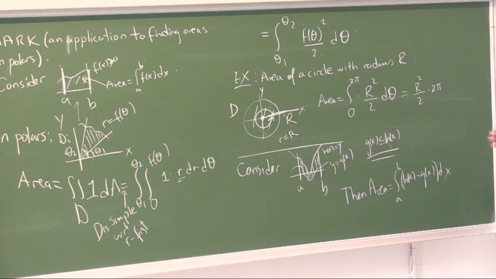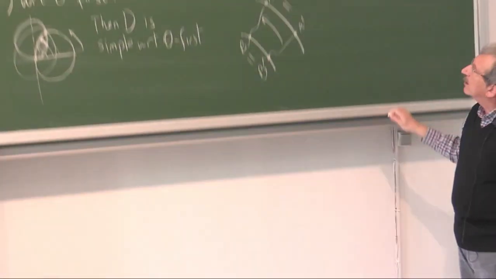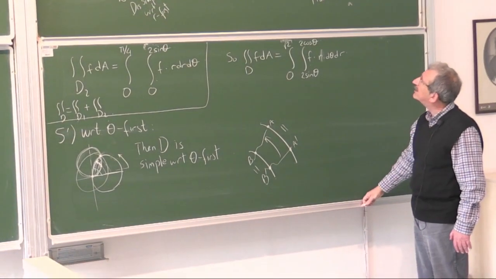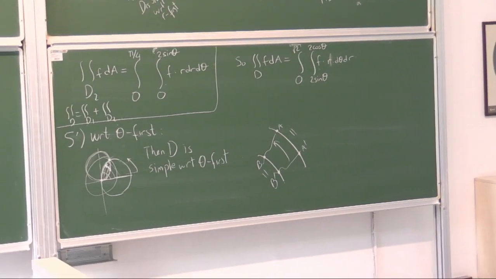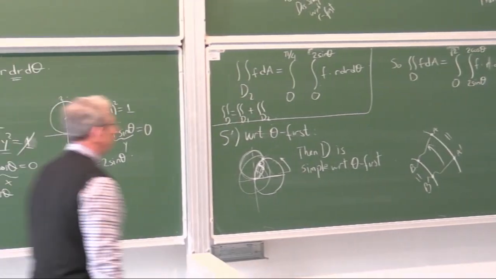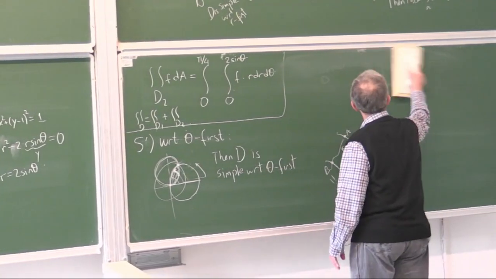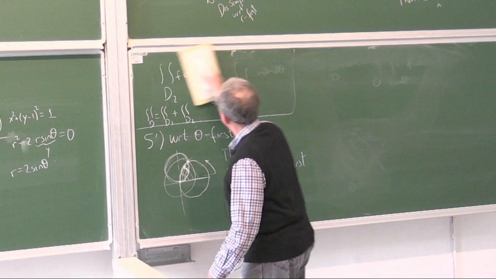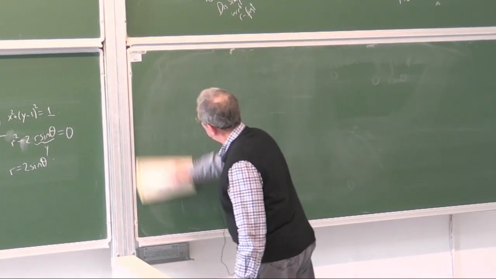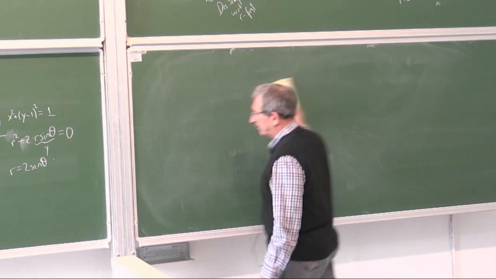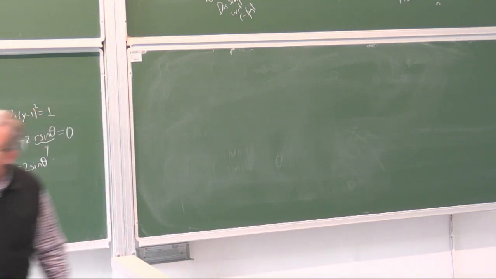Now, how does this carry over to the polar formula that we just derived? Of course, you are talking about a difference of areas, and so you have to square them. But there's some trouble in here.